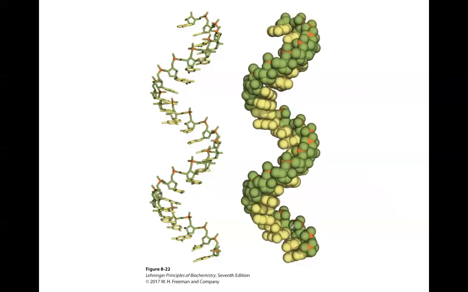And so here is a space filling representation of a messenger RNA. You can see here in yellow are the base pairs. So there's some stacking going on. Now orange is supposed to be phosphates.